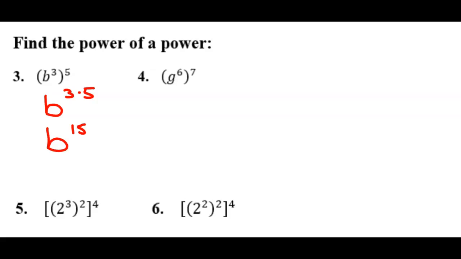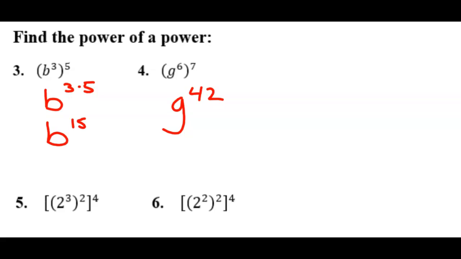Number 4. I'm going to get G to the what? What am I going to do with my 6 and my 7? Multiply. And 6 times 7 is 42.